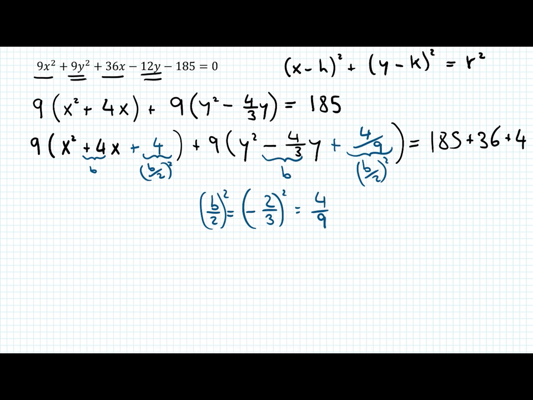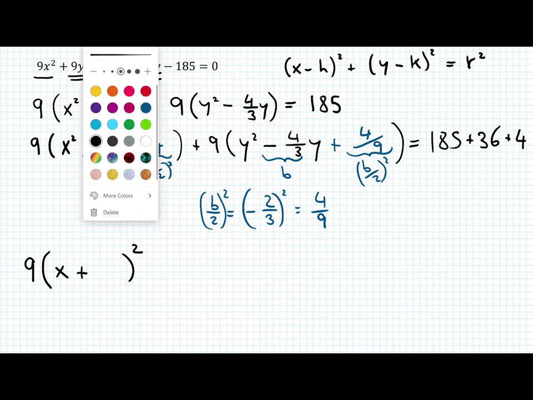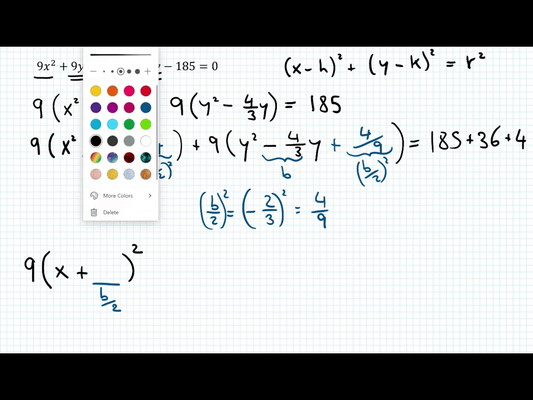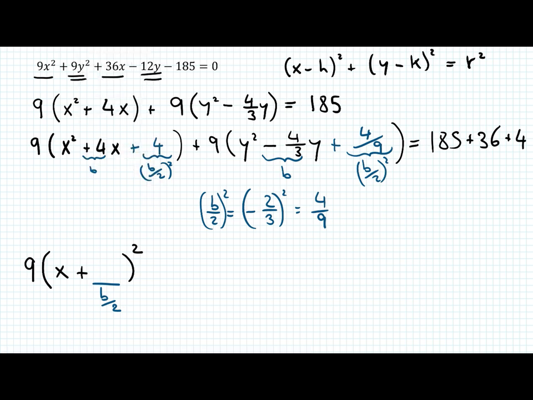What we can do here now is write 9 times (x plus, close parentheses, squared. However, we want to add here, what are we going to add here? That is just going to be b over 2. So that's how we completed the square in the last YouTube video. If you're interested, you can go back and watch it. So that's just going to be 2 here.